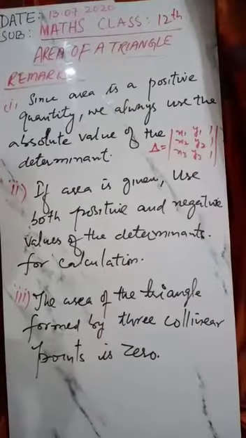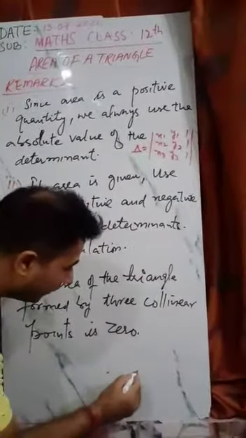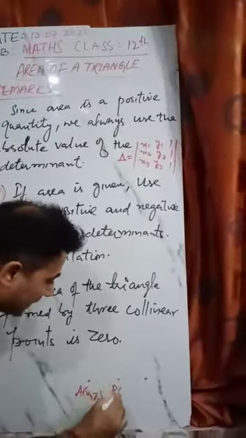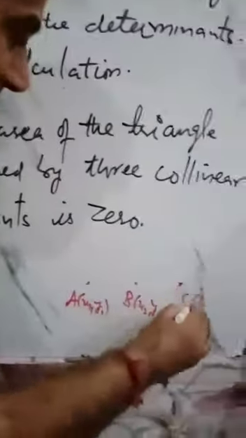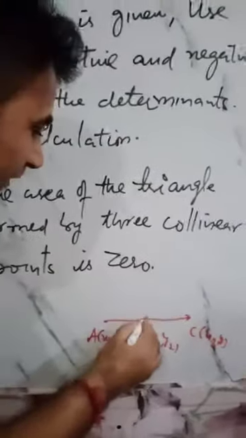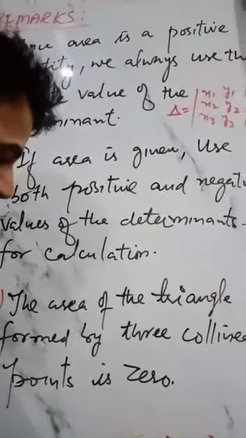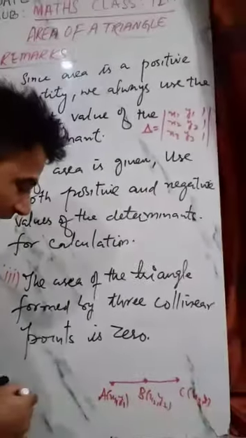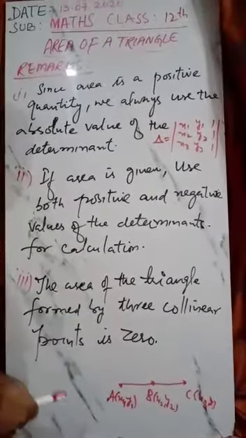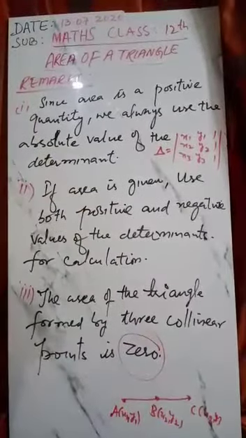So जब भी 3 पॉइंट्स कोलिनियर होंगे, क्योंकि वो ट्राइंगल बनाएंगे नहीं, जैसे कि आपके पास 3 पॉइंट्स हैं, A इसके कोऑर्डिनेट x1 y1, B इसका है x2 y2, और C इसका है x3 y3। तो अगर इनको जोड़ देंगे हम, तो ये ट्राइंगल नहीं बना रहे हैं। जब ये ट्राइंगल नहीं बनाएंगे, then we say that the area of triangle is 0. So यही है कि area of triangle 3 कोलिनियर पॉइंट्स का हमेशा 0 होता है। So these are the remarks which you have to remember.